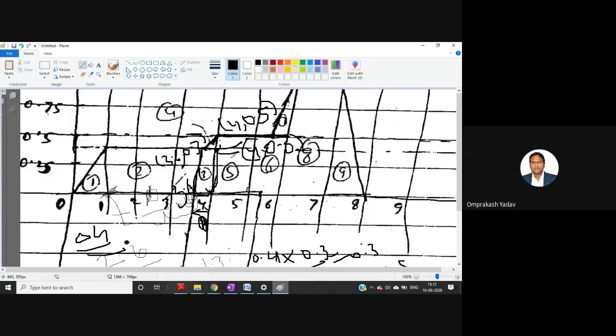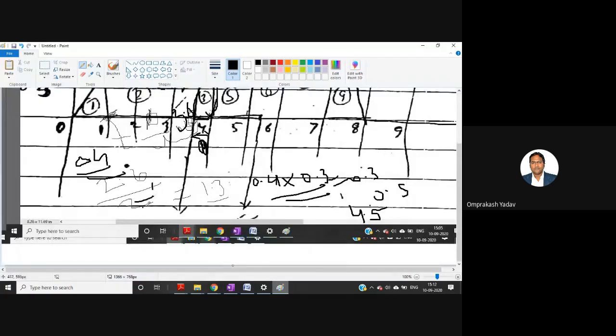So first of all, determine the area. So how to determine the area? Now we know the length is only 0.4, because from this particular point to this point, the length is only 0.4. So 1 by 2 multiplied by 0.4, that is the base, multiplied by the height.